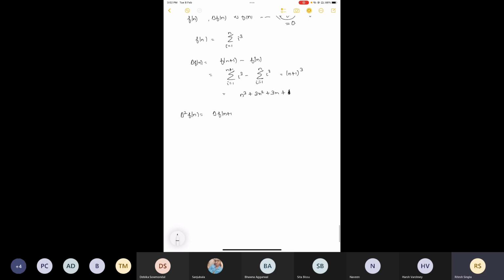The second difference of f is the first difference of f at n plus 1 minus the first difference of f at n, right? Yes, sir. It will be again n plus 1 cubed plus 3 times n plus 1 squared plus 3 times n plus 1 plus 1, minus n cubed minus 3n squared minus 3n minus 1, right?